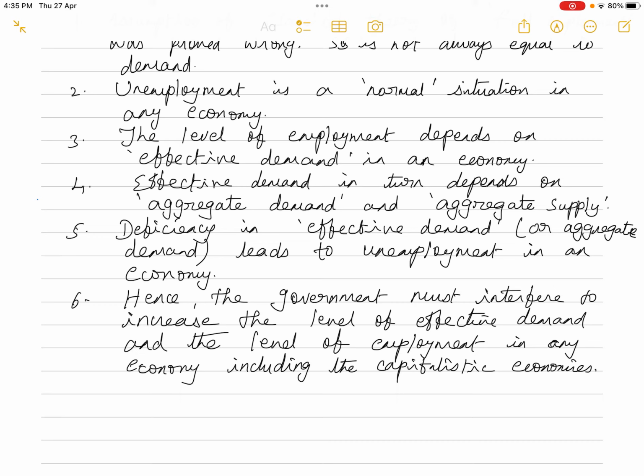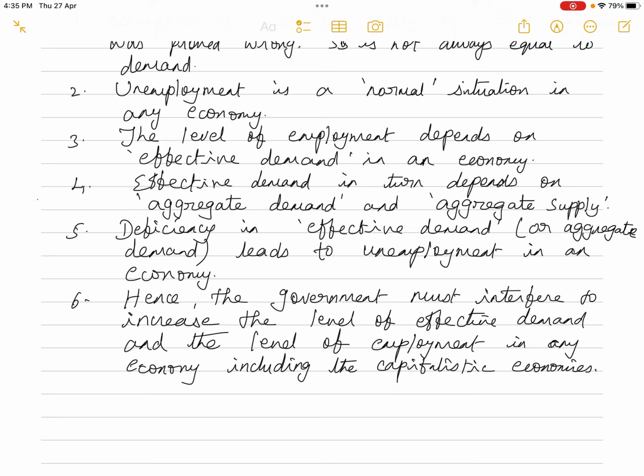It is a laissez-faire economy, that is, non-intervention of the government. The government should not interfere in the economic activities of the country. Then the price mechanism will work automatically, supply will be equal to demand, there will always be full employment of resources, and the economy will be in equilibrium.